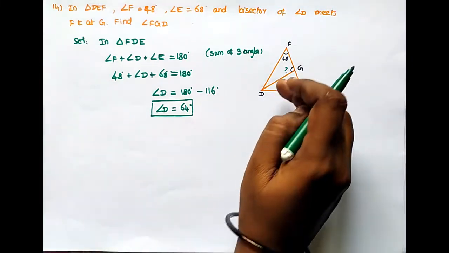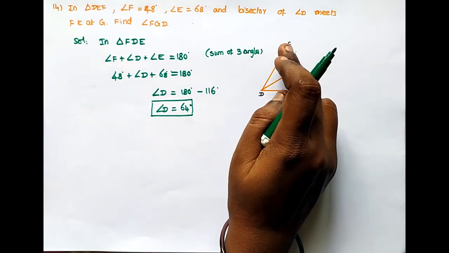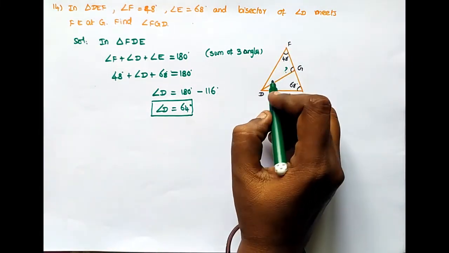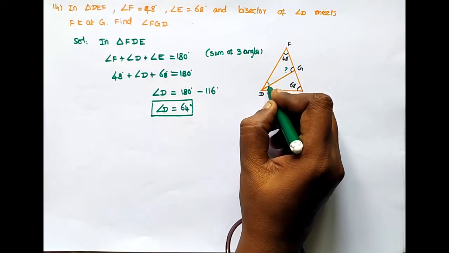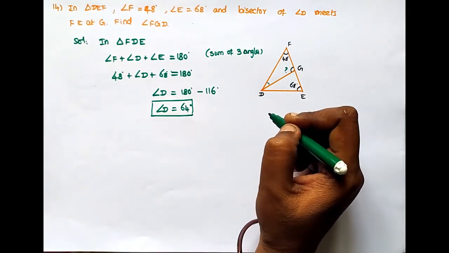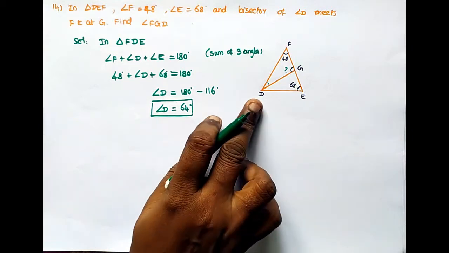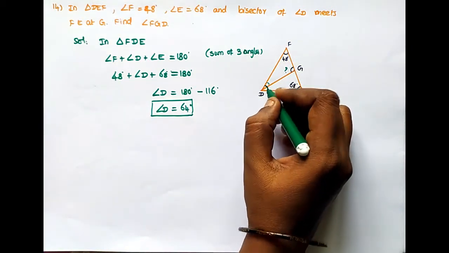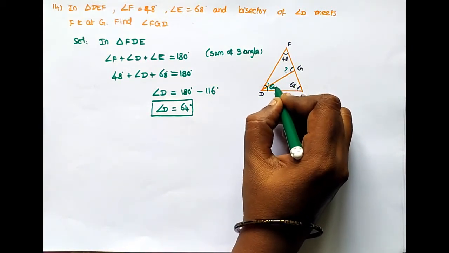Now FDG. What is FDG here? This angle we want to find out now. We can find it out. How? Totally 64 degrees.